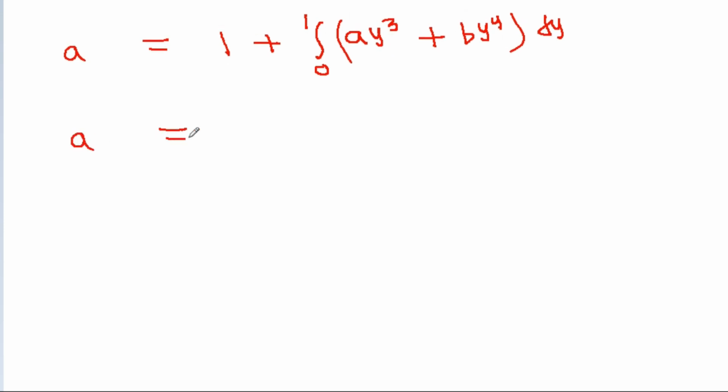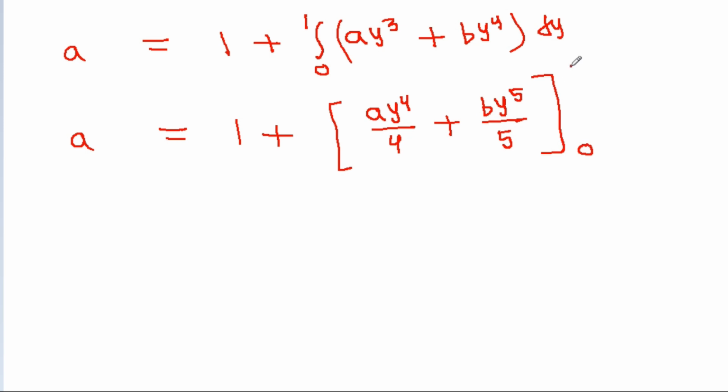a is equal to 1 plus, and the integral of ay cube will be ay power 4 by 4 plus the integral of b y power 4 will be b y power 5 by 5 from 0 to 1.